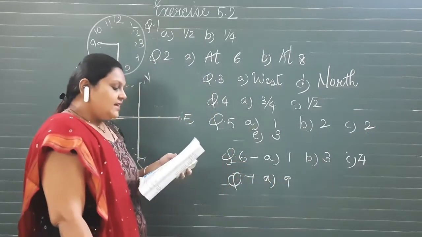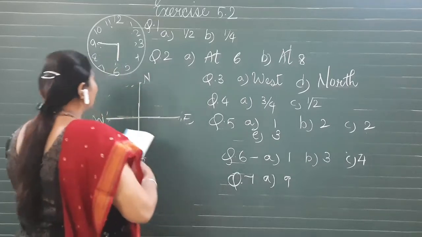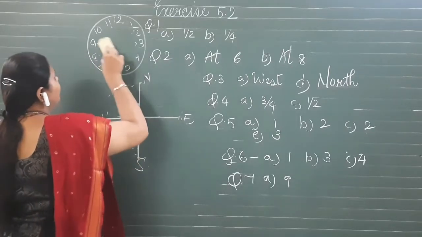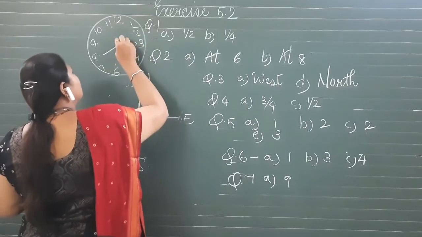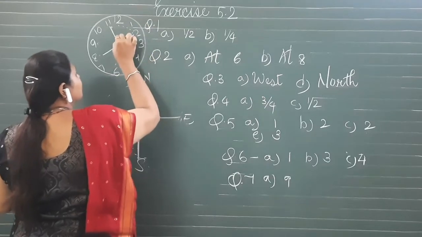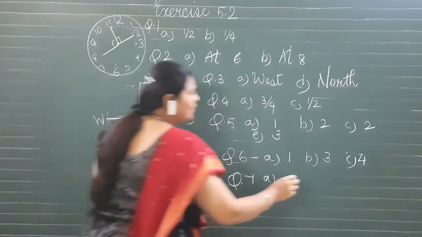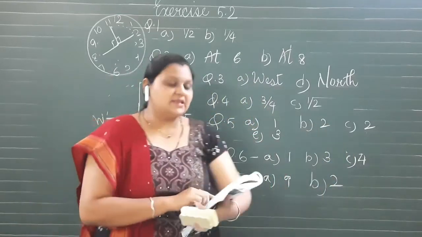Second, it is at 8 and turns through 2. Okay, now we will see it is at 8 and turning through 2. So 1 right angle, again it will come to here. So 2 right angles can be formed. So total 2 right angles we can say.